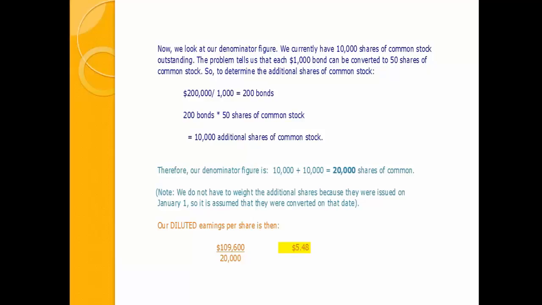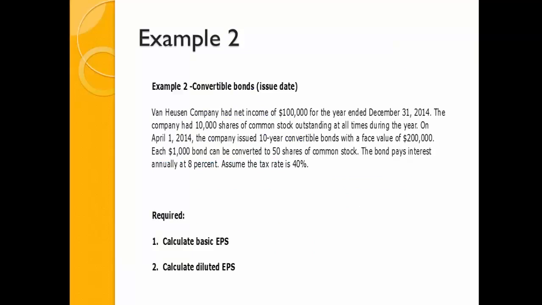We then divide this by our denominator, which includes the additional shares associated with the issuance of the bond. So we have $109,600 divided by 20,000 shares. Therefore, we have a diluted earnings per share of $5.48.